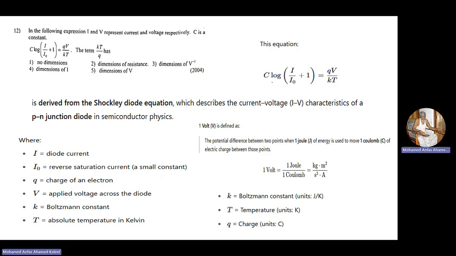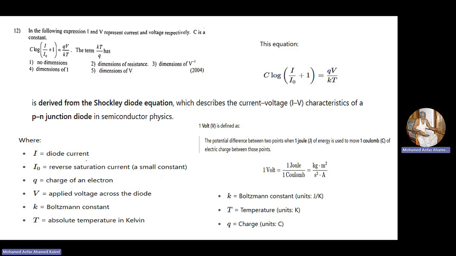This equation is C into logarithm of (I over I0 plus 1) is equal to qV over kT. Okay, this is derived from the Shockley diode equation, which describes the current-voltage characteristics of a PN junction diode in semiconductor physics.